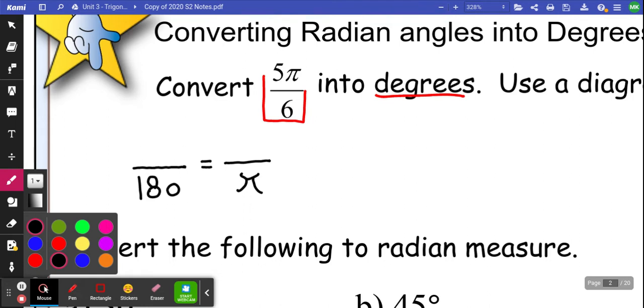They told me that I have 5 pi over 6. So that is my radian measurement up here. I have 5 pi over 6 divided by pi. I don't know the degrees, so that's what I call x. And there's my setup. X over 180 equals 5 pi over 6 divided by pi.